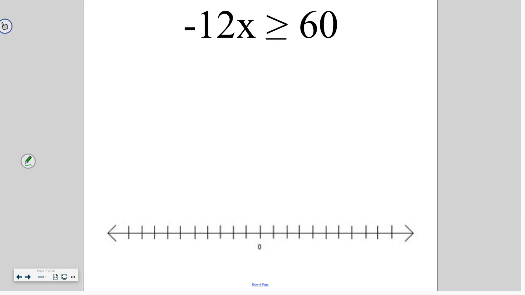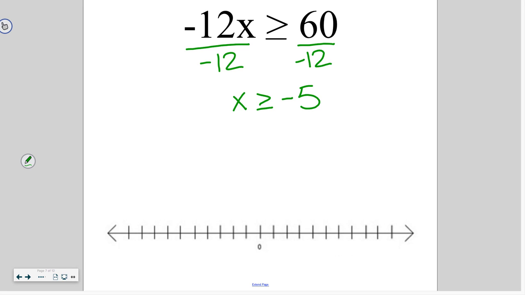Last case that we have here, so I have negative 12x is greater than 60. So I'm still going to solve by dividing by negative 12 and dividing by negative 12. And I'm going to get an answer of x is greater than or equal to negative 5.